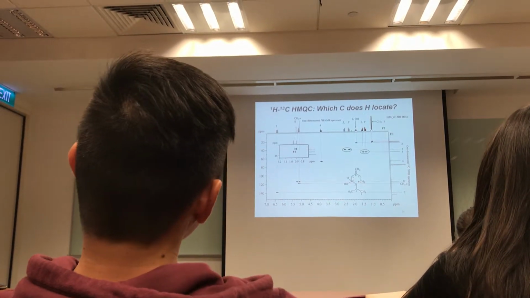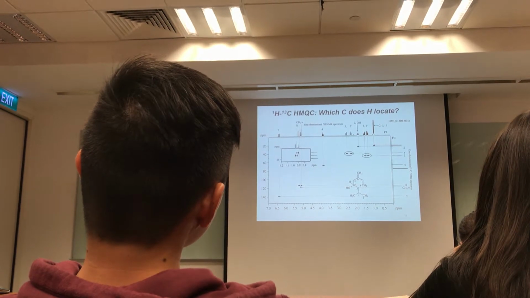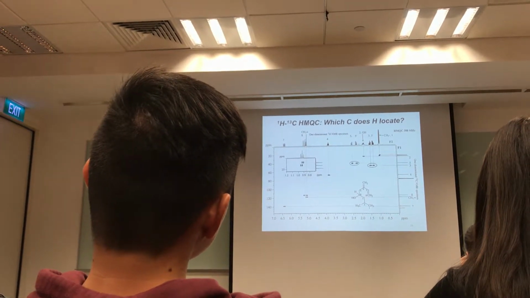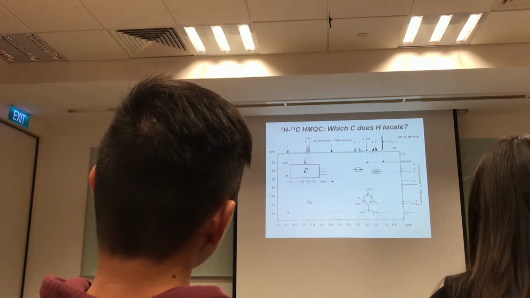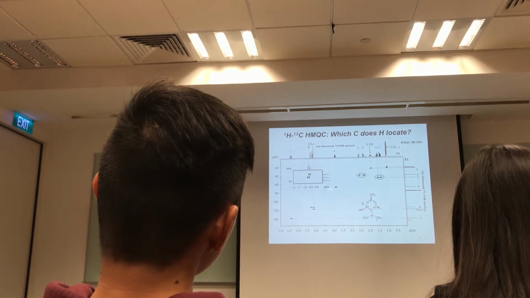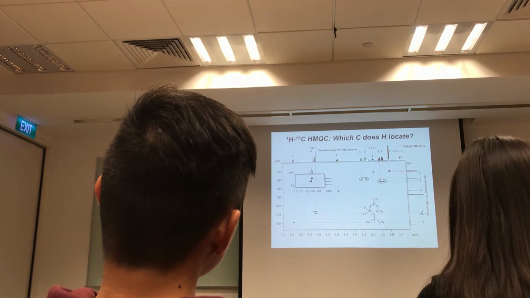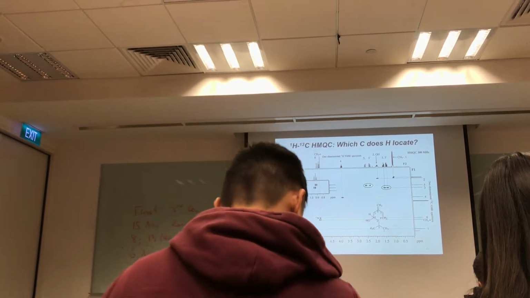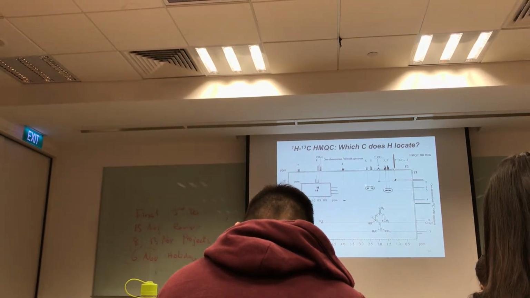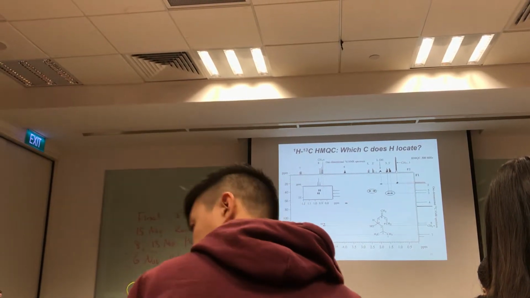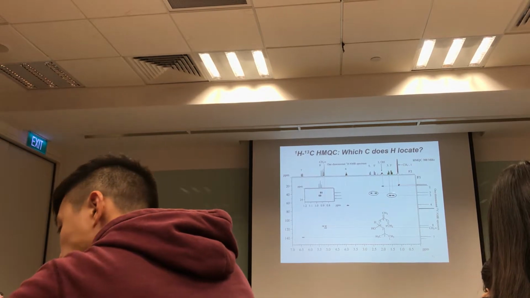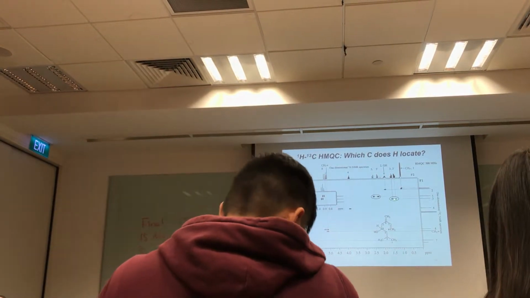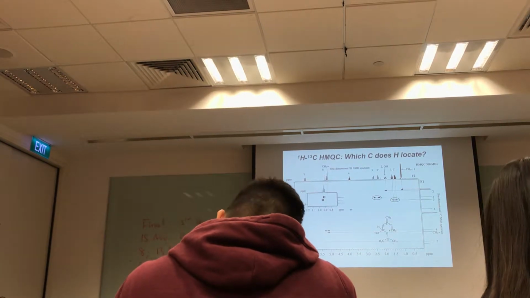One thing about HMQC is you can readily find diastereotopic proton pairs. In that case, you have two proton signals corresponding to the same carbon, like this. This 5,5 prime is a diastereotopic proton pair because you can see these two proton signals corresponding to one carbon. Right? For 3,3 prime, you can see these two corresponding to one carbon signal.